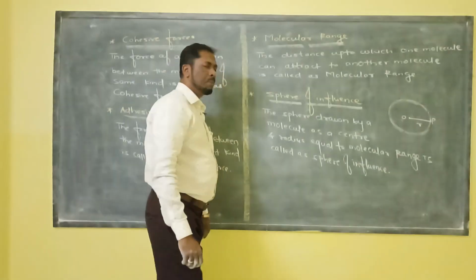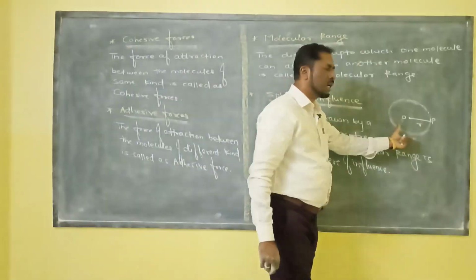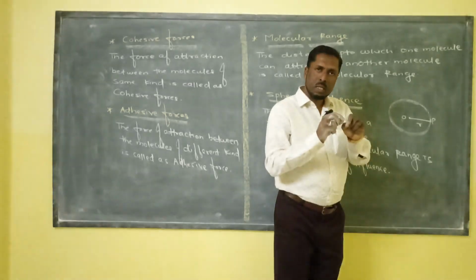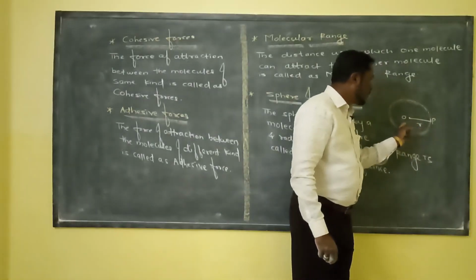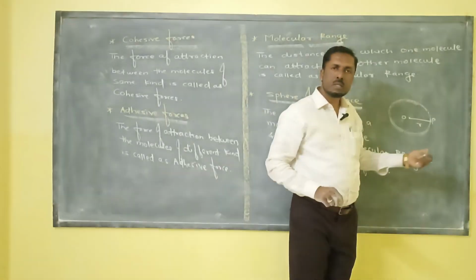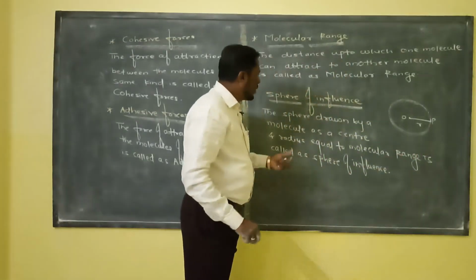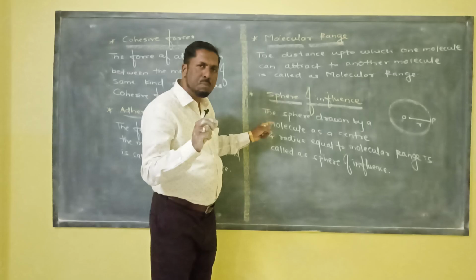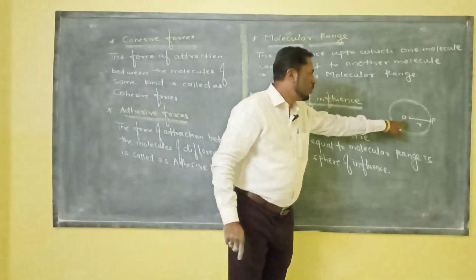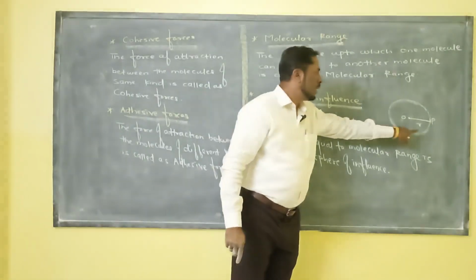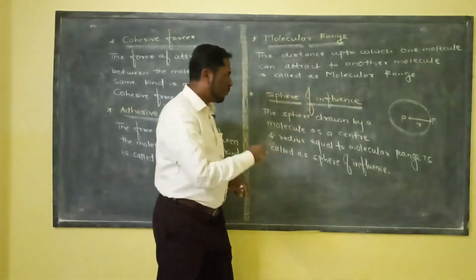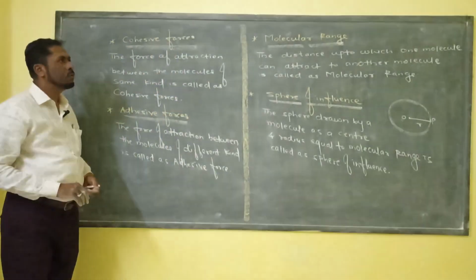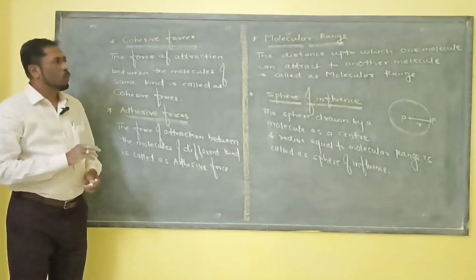To understand the concept, we have drawn the diagram here. This O acts like the center. From the center to point P, the distance is called the radius. So the sphere of influence is the sphere drawn by a molecule as a center and radius equal to the molecular range.